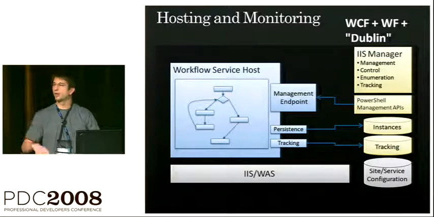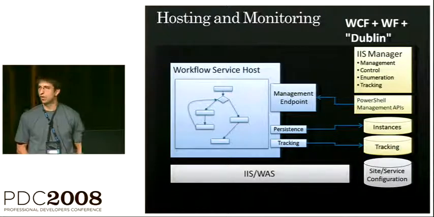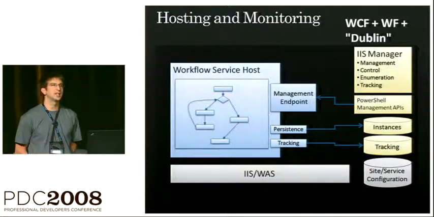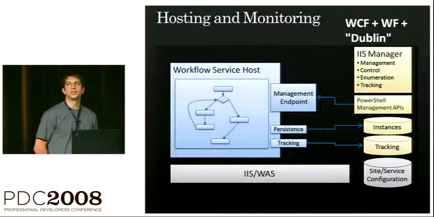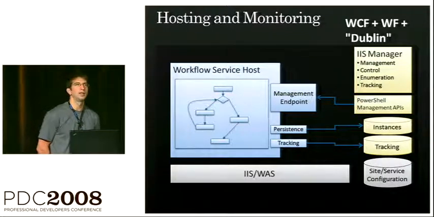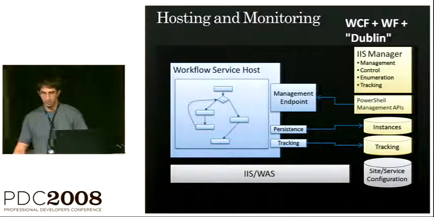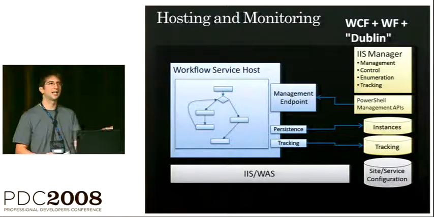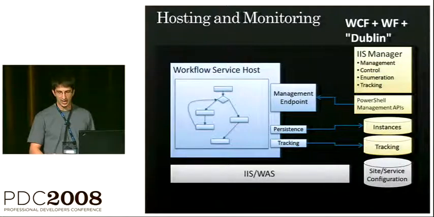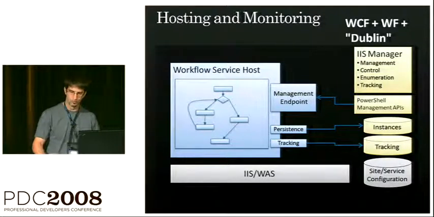It also operates over those Dublin stores. Dublin extends the IIS manager, giving you instance query and control capabilities, again using those PowerShell management APIs. It also exposes a bunch of tracking capabilities that we're going to take a look at rather soon.